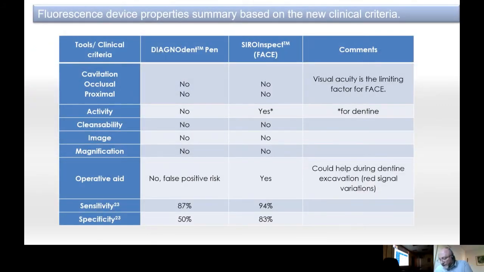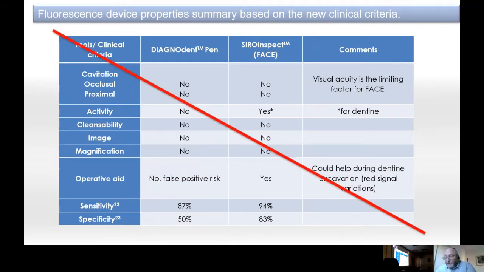So note that these tools claim to have a very high level of sensitivity and specificity, but in fact, they nearly fail facing all the clinical items: cavitation, caries activity, and accessibility. And more, there is no way to retrieve picture and video with these two tools.